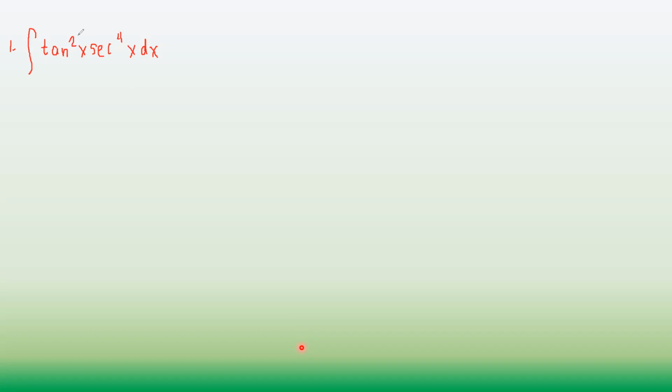So we have no choice but to apply letter A where n is even. We're going to apply the principle of case number 5, wherein we isolate one secant squared. After that, what's left we replace with its equivalent identity.